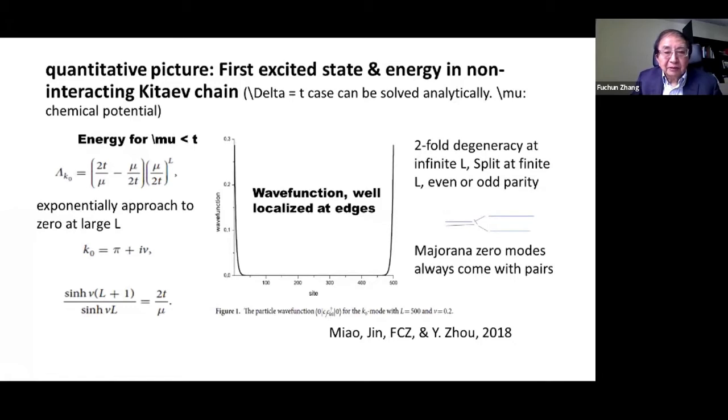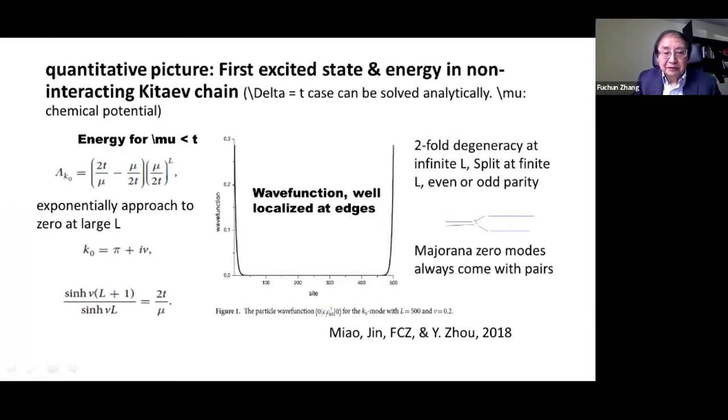What about the wave function of this first excited state? I plot here the number of sites, up to 500, and the wave function. You can see it is pretty much localized at the two ends.